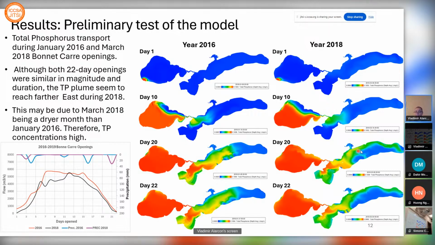That is the increase in total phosphorus that I mentioned previously when we were looking at the observed data.